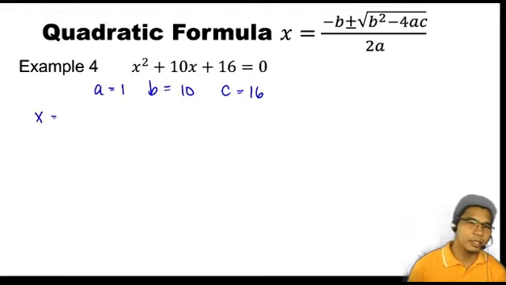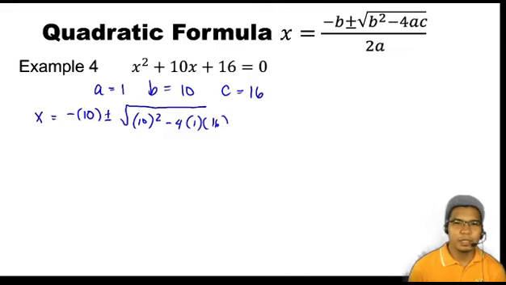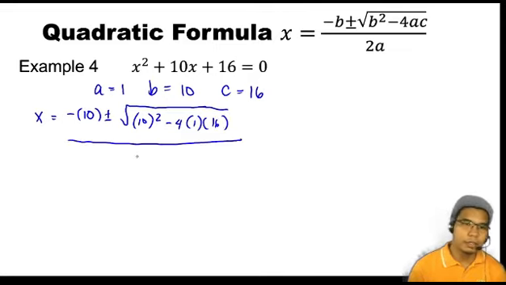So, X is equal to negative quantity 10 plus and minus square root of 10 squared minus 4 times 1 times 16 all over 2 times 1.